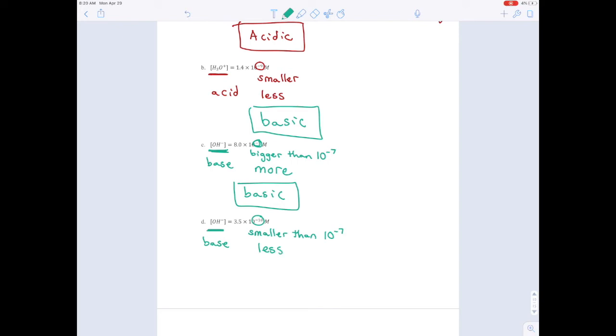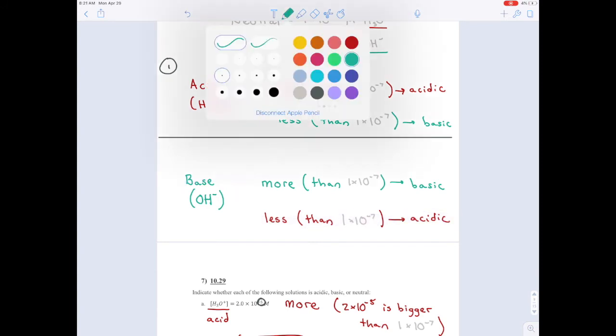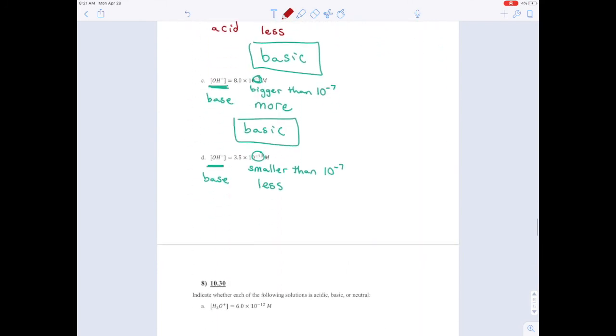Now if we have less base, the solution is acidic. So this will be acidic. If you have less base than neutral, then the solution is the opposite, acidic.